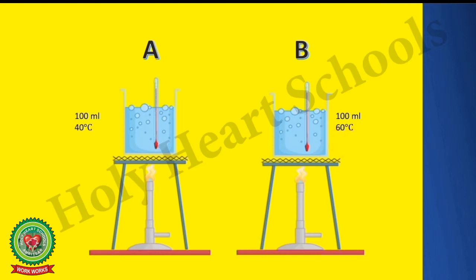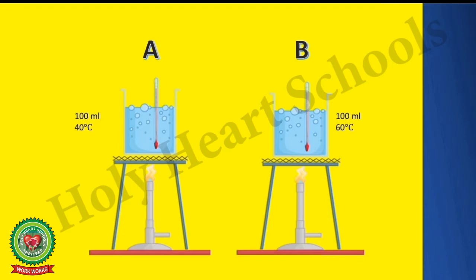Initially, their temperature is same, that is 20 degrees Celsius. Now, in which case there is more rise in temperature? In beaker A, we are raising the temperature from 20 degrees Celsius to 40 degrees Celsius. So, rise in temperature is 40 minus 20, that is 20 degrees Celsius.